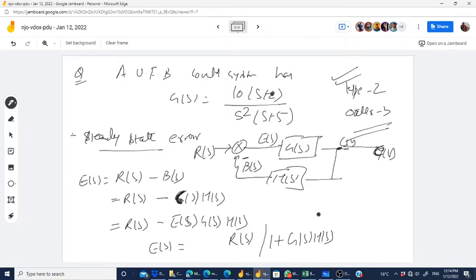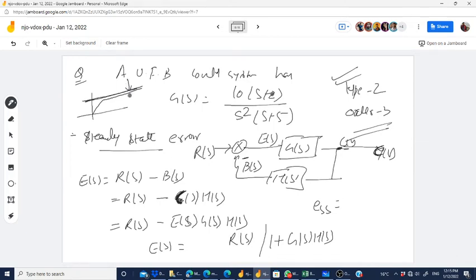Okay, and what do you mean by steady state error? ESS. What do you understand by ESS? ESS means steady state. Let's say this is your input, and this is the output. The output will come like this, right? So after a long time, after infinite time, this will settle.